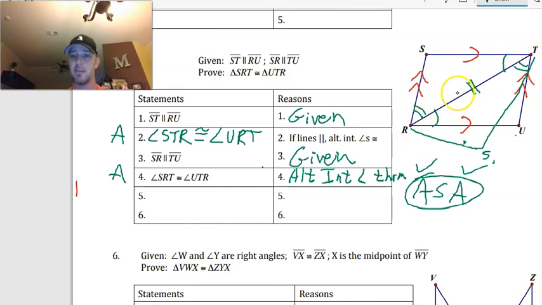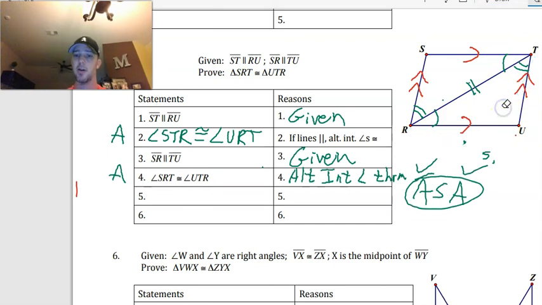So side RT on the top triangle is going from 2 arc marks to 1. The bottom triangle piece needs to go from 2 arc marks to 1. So RT is actually congruent to TR.